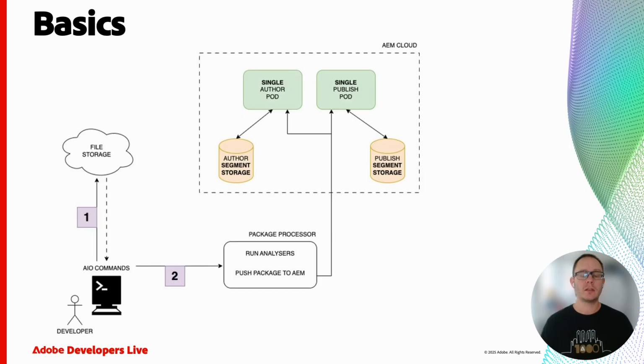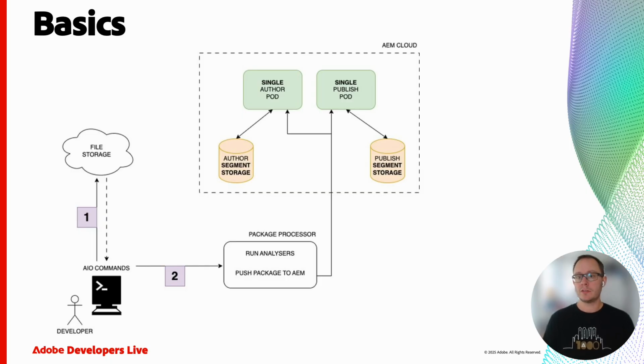So how do you interact with an RDE? Basically, you have a CLI, a command line interface. You use your terminal, for example, where you can use the AIO tooling, so Adobe I/O. We have an RDE plugin for the AIO, and that one offers different commands to interact with the RDE.